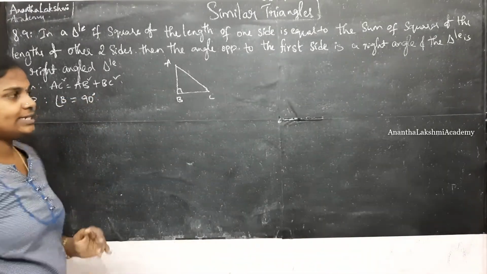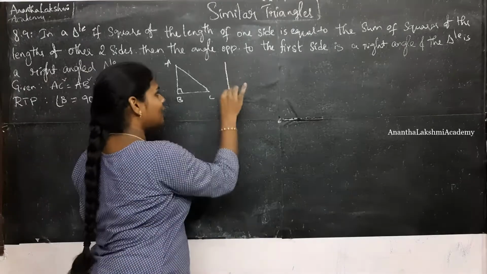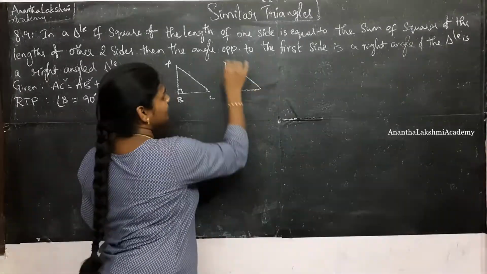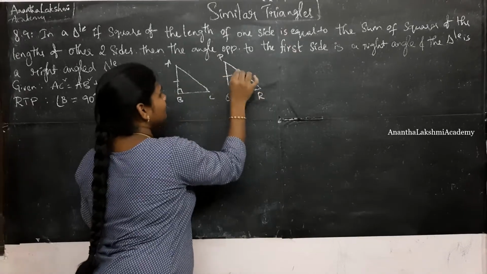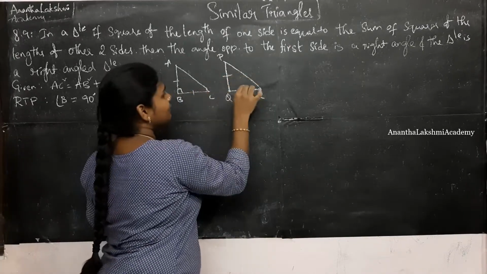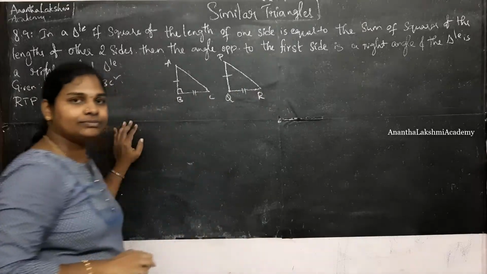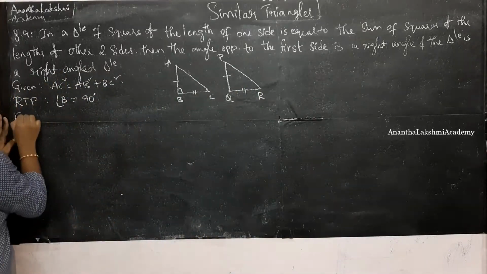How do we prove this? By considering one more triangle, PQR, such that AB is equal to PQ and QR is equal to BC. Okay, let me write the construction part.